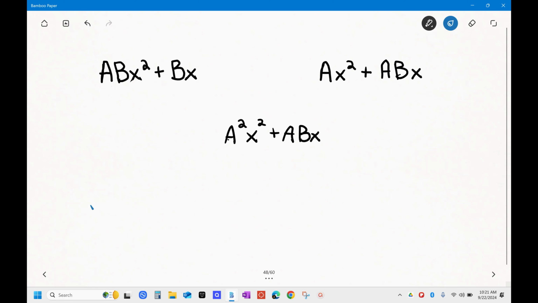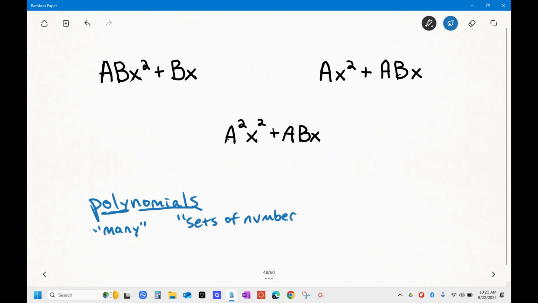And the whole thing about polynomials. Poly is a prefix that means many. And nomials means sets of numbers, or groups of numbers. And so what constitutes a set of numbers or a group of numbers in these things?